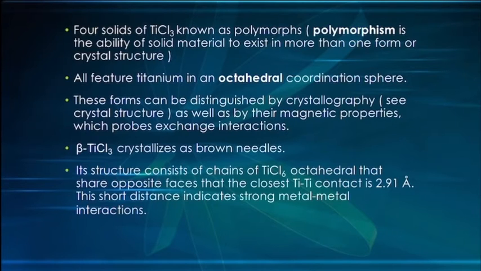Beta titanium trichloride crystallizes as brown needles. Its structure consists of chains of TiCl6 octahedra that share opposite faces, where the closest titanium contact is 2.91 angstroms. This short distance indicates strong metal-metal interactions.